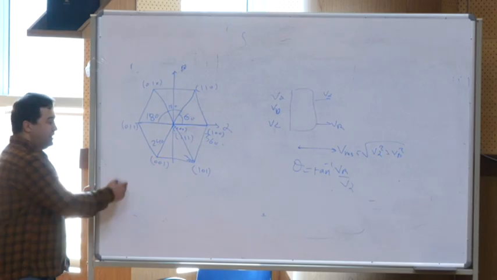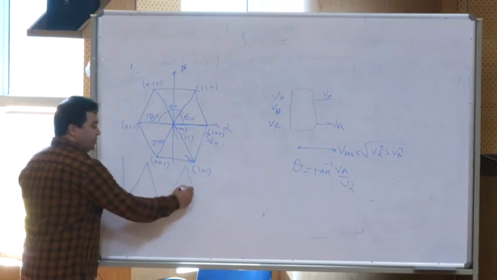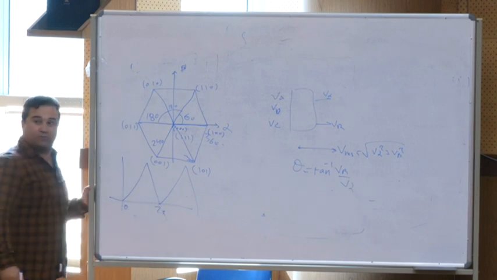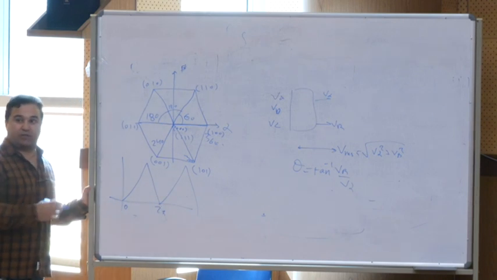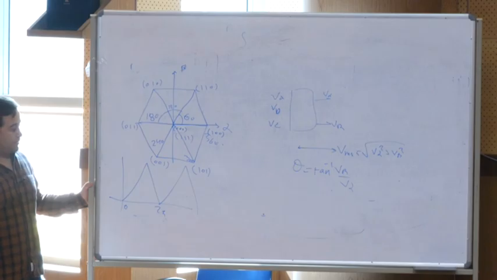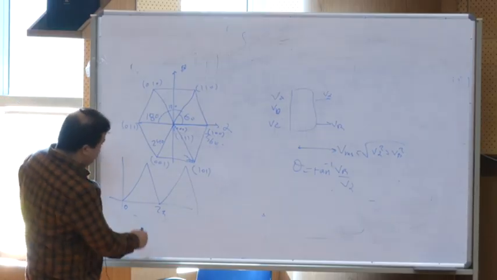I mean, basically they go like this. It started from 0 to 2 pi. But it's 360. Yeah. Mm-hmm. Yeah, like this.